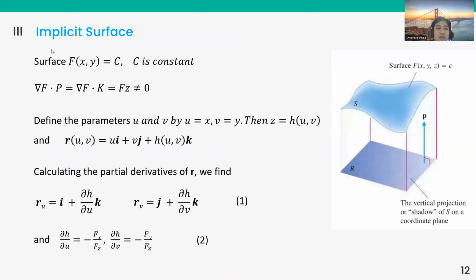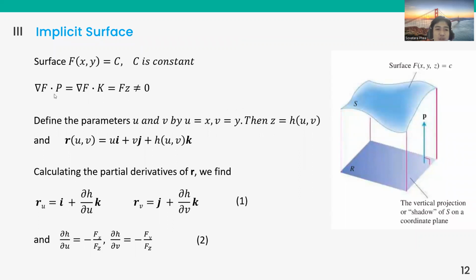And here is the third point. We can also find the area of an implicit surface. Here the implicit surface is f of x, y, z equal to c, where c is a constant. By using these figures, we can find the formula for the area of the implicit surface.